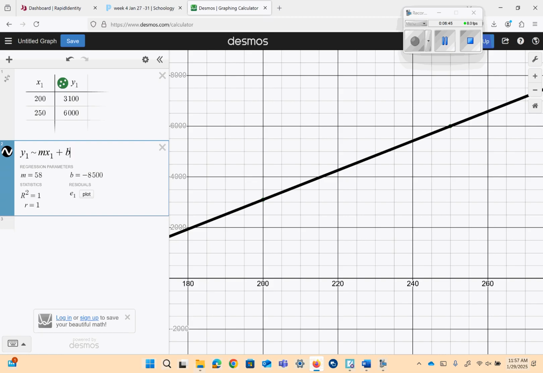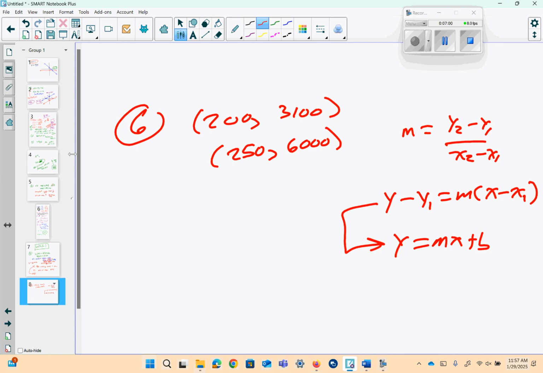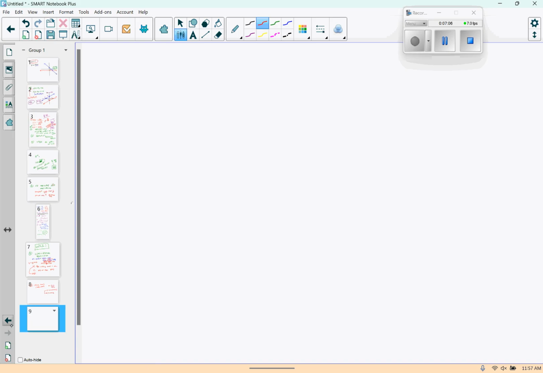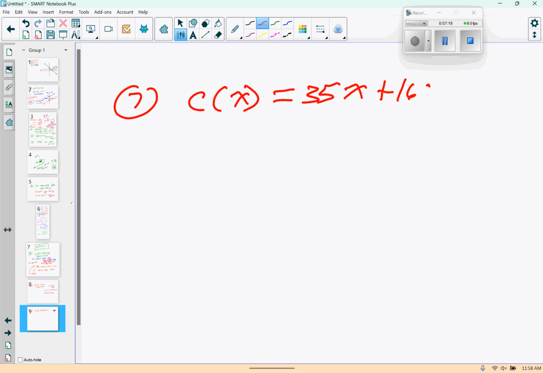Is there a break-even point that you can find? Yeah. Then you get to number 7. It says a widget manufacturer incurs costs for widgets according to this equation. So for problem number 7, they tell us we have a cost equation of 35x plus 1650.